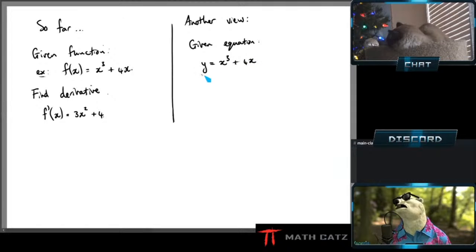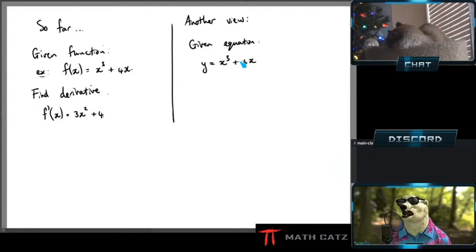And some equations where I can solve for y, I can then see as a function. It depends on the goals that I have, what I want to do, that I can flip back and forth between these often to suit my needs.